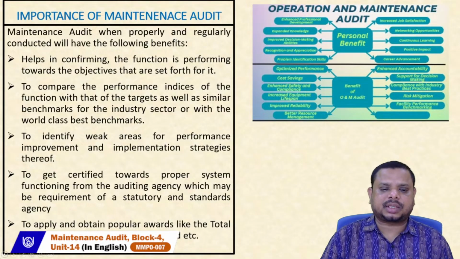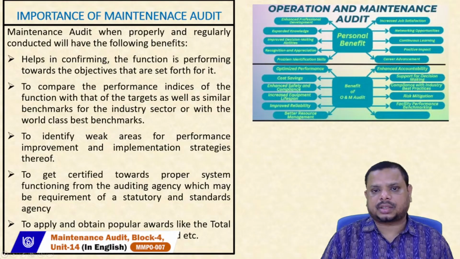Under best practices, many companies go for ISO certifications. Next is risk mitigation, known as risk assessment with respect to maintenance management. The last is facility performance benchmarking. So these are the personal benefits as well as the company benefits whenever you implement the maintenance audit inside your organization.